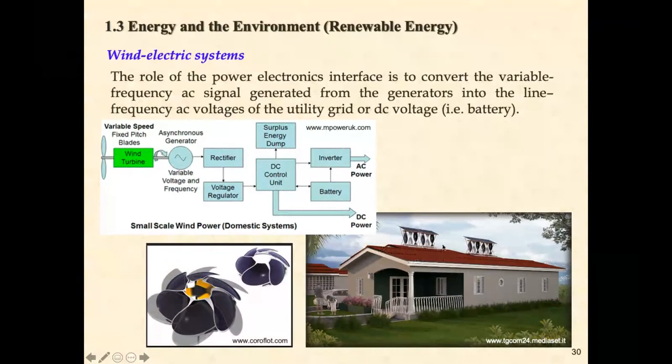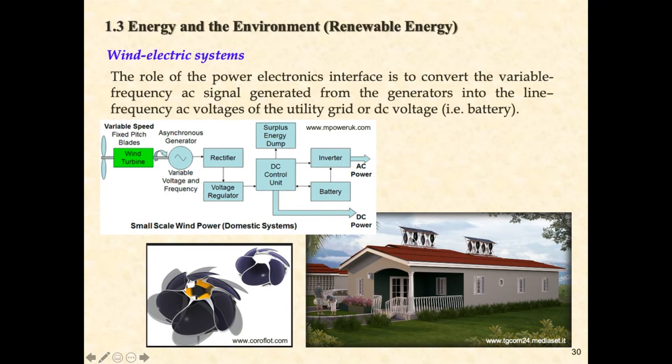In foreign countries, we can see that there are some solar panels installed on the roof, or even, recently, those hybrid systems. They combine the solar panels, the PV panel, with the windmill.